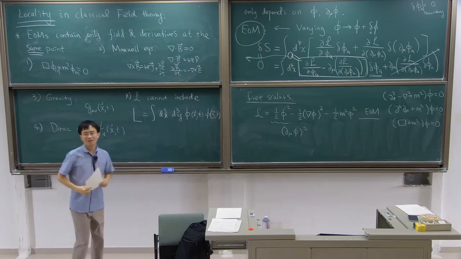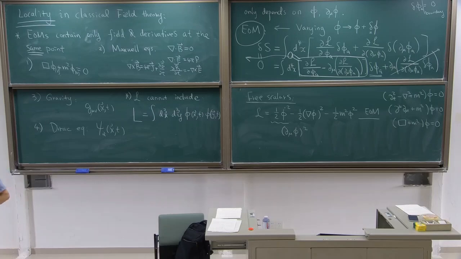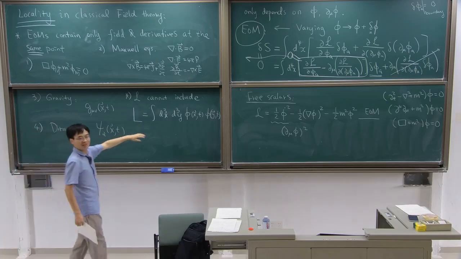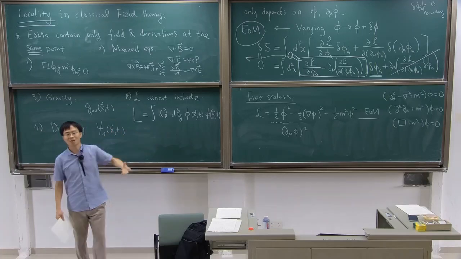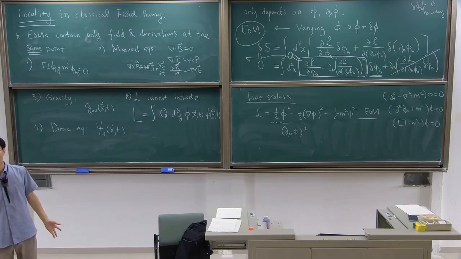In other words, the Lagrangian should be a single integral over one point. If such a term appears in the Lagrangian, it indicates a violation of locality.